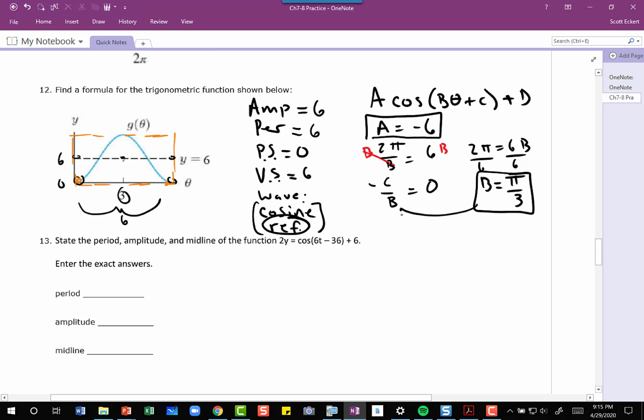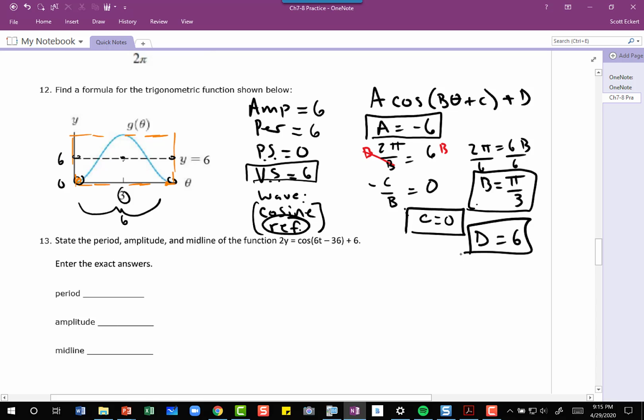If we needed to, we could plug in the B and do the calculation, but it's going to equal 0, and the only way it equals 0 is if C equals 0. So I'm kind of being lazy on that one, but that's a little bit direct. C has to equal 0. So we have the A and the B and the C, and the D is very direct. If there's a vertical shift of 6, then D has to equal 6.